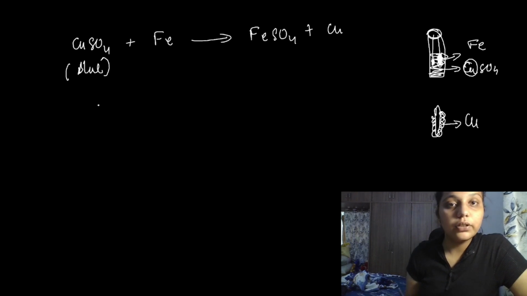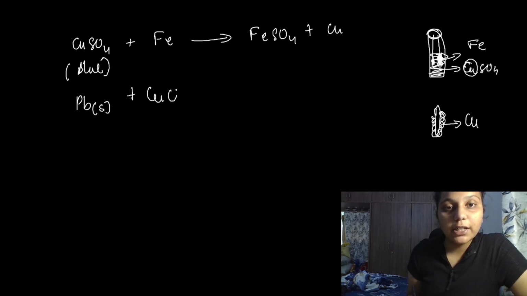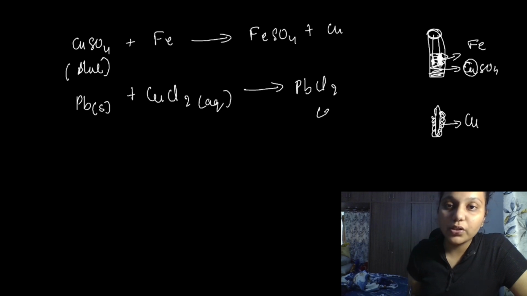Then we have some of the other examples also. Note it down. Pb, which is solid, right? When it reacts with CuCl2, which is in aqueous form, we will get PbCl2, which is in aqueous form, and copper as a solid, because lead is much more reactive when compared to the copper.